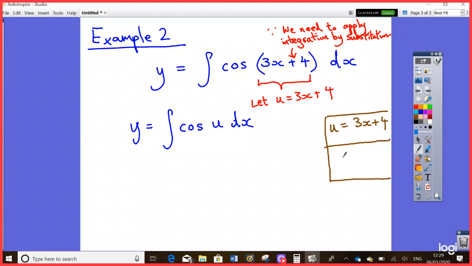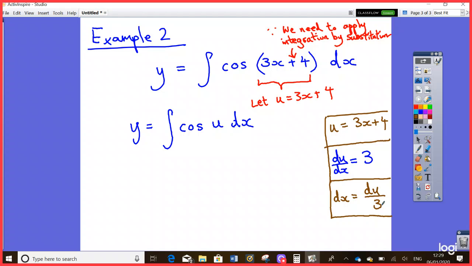So we're going to find a way to get dx to change into du, and the only way to do this is to differentiate: du by dx comes to 3. Rearrange this, so dx is equal to du over 3.